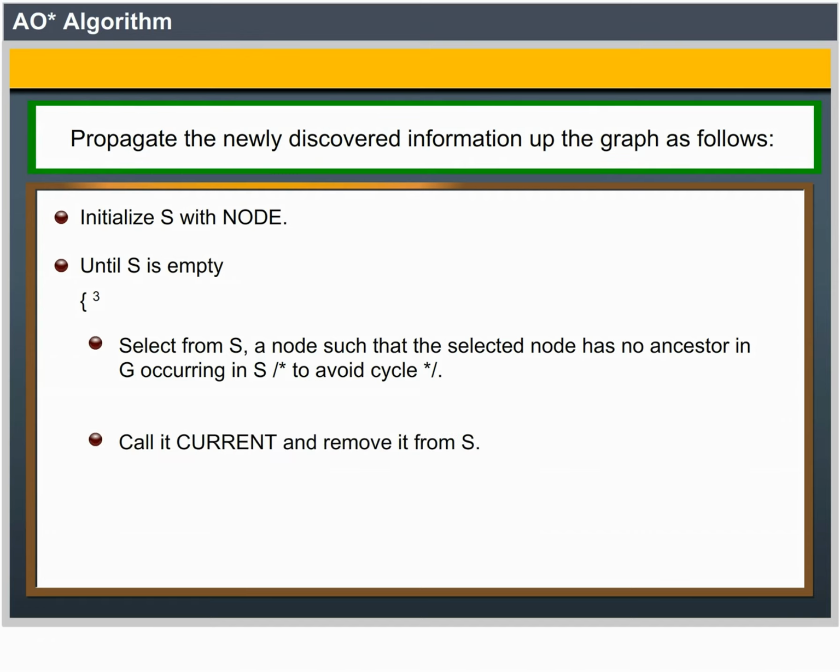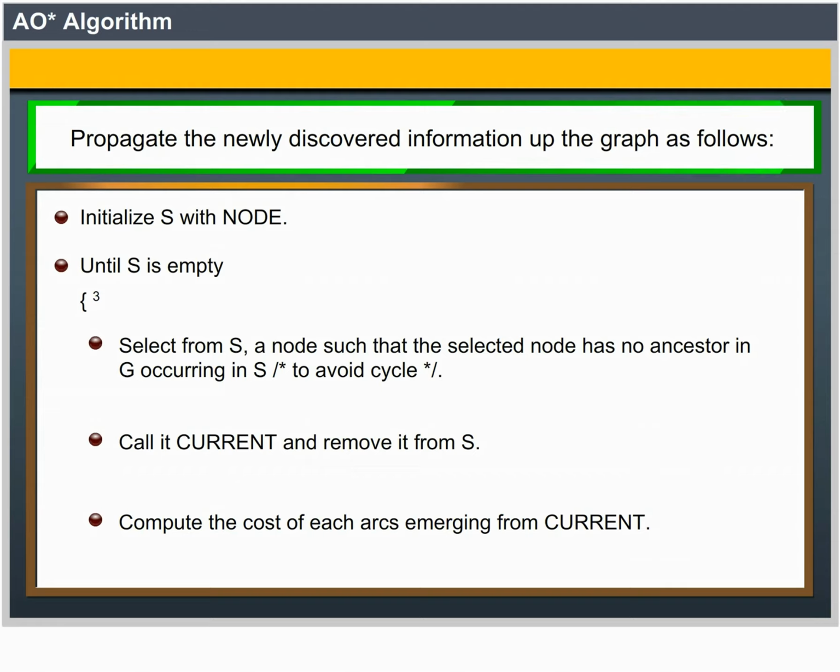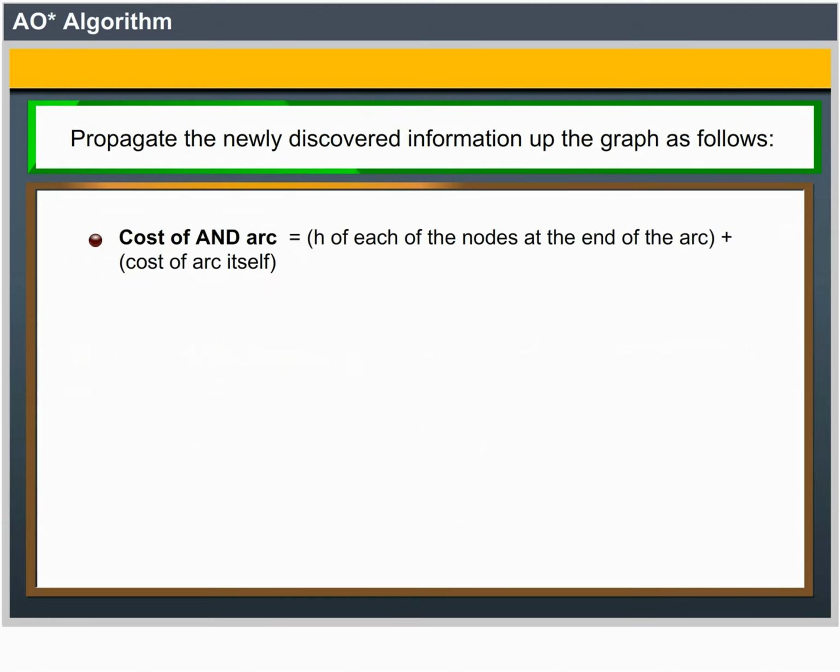Call it current and remove it from S. Compute the cost of each arc emerging from current. The cost of an AND arc is equal to h of each of the nodes at the end of the arc plus the cost of the arc itself. Assign the minimum of the costs as the new h value of current.